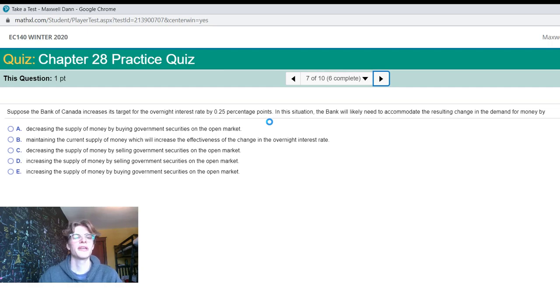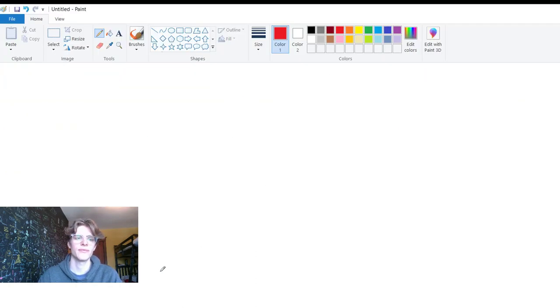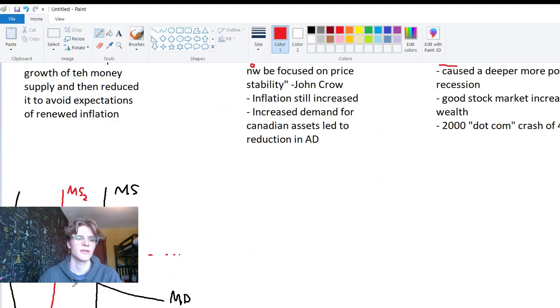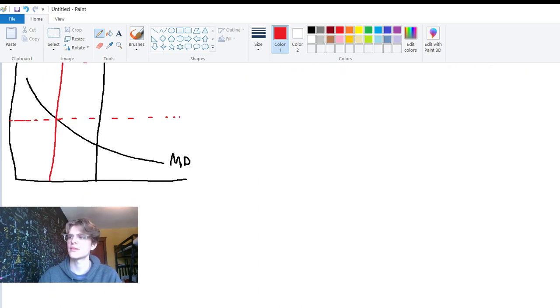Suppose the Bank of Canada increases its target interest rate by 0.25. So if they increase their interest rate, did I graph that? Maybe not. Oh, over here. They want to raise the interest rate up to here. Oh, my camera's in the way. So how do they do that?